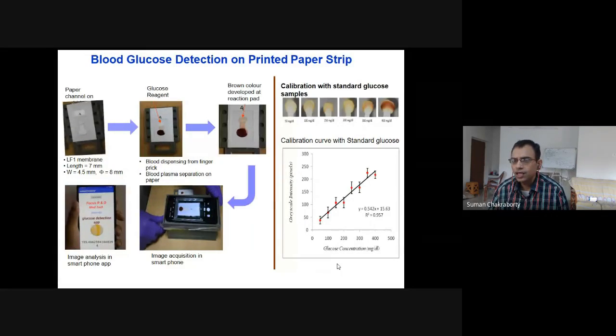This entire thing is done by interfacing the paper strip with a portable readout unit in the same way in which a credit card interfaces with a credit card reader. The entire analysis is done in a smartphone so that no additional instrumentation is required.